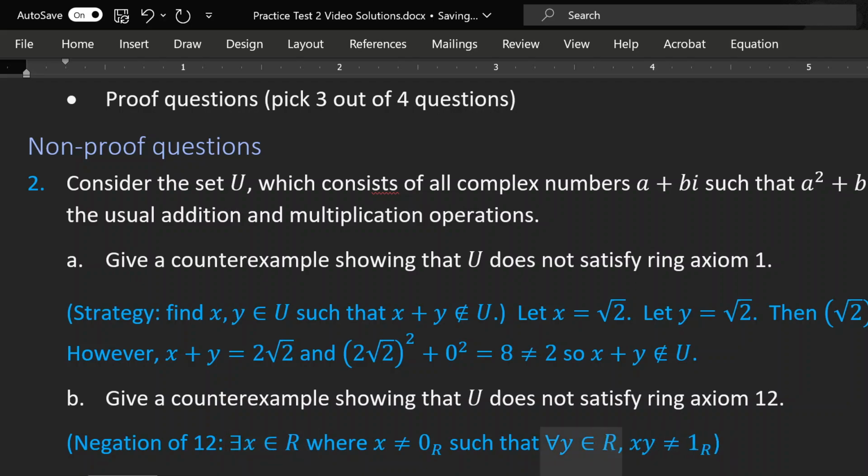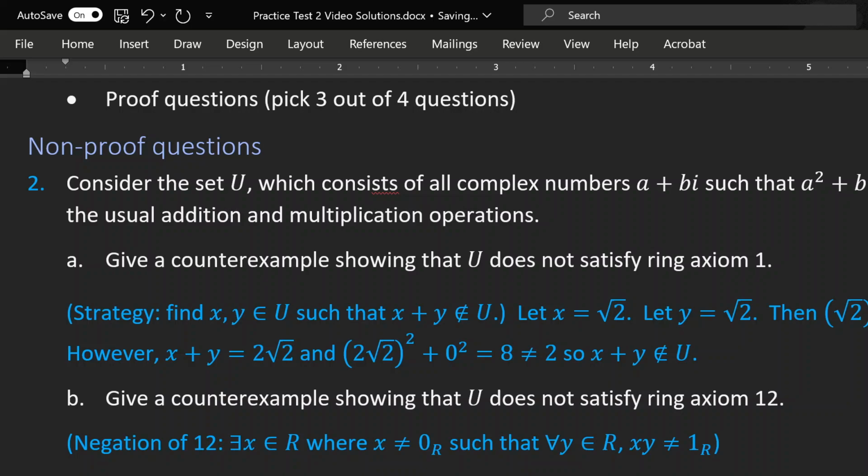Okay, so let x be, I guess the only one that's a real number that would actually be in this set U would be either plus or minus square root of 2. So I'm just going to use x is square root of 2 again. Okay. And the multiplication operation here is the regular multiplication. It's the same one for real numbers. It also works for complex numbers. So the multiplicative inverse of x would be 1 over square root of 2.